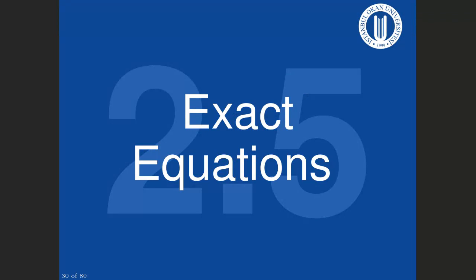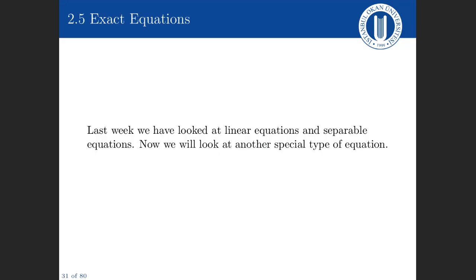Our next topic is the topic of exact equations. Last week we looked at two special types of first-order equations: linear equations and separable equations. Now we're going to look at another special type of first-order differential equation.